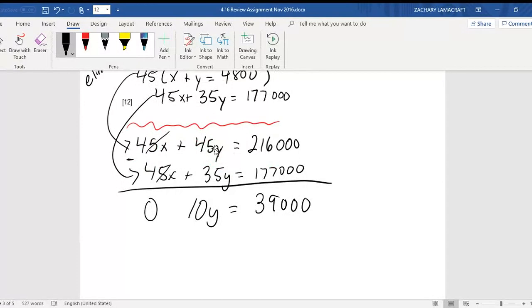And in this case, we want to divide both sides by 10 to get y. So y would be equal to 390. Okay.